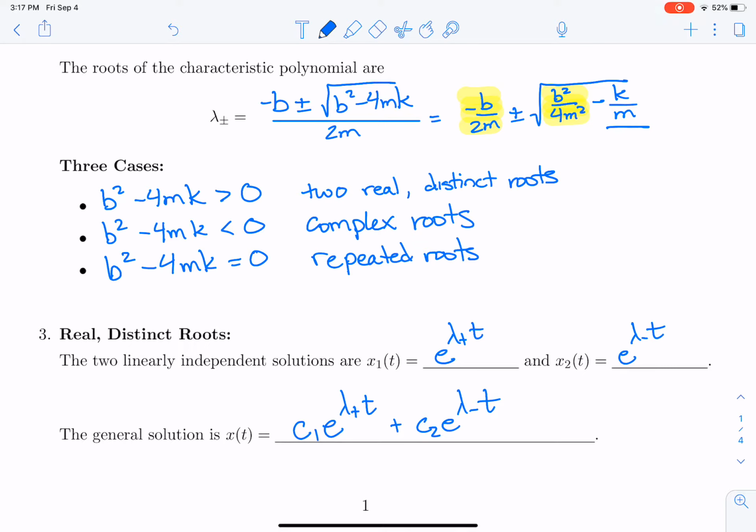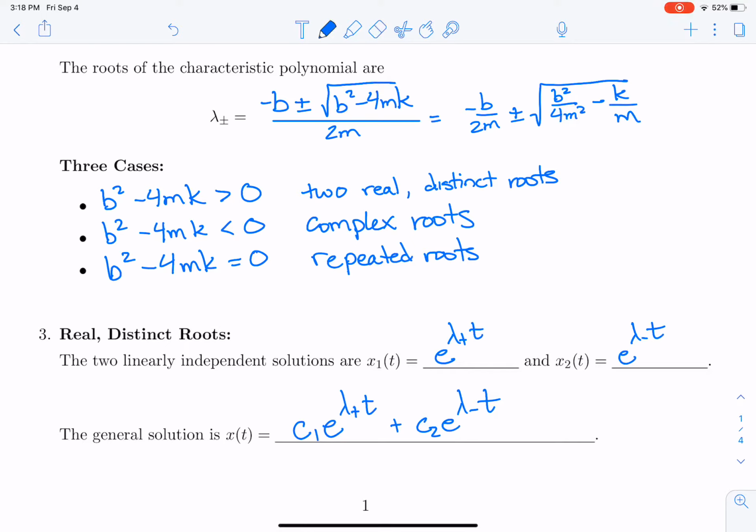Well, the magnitude of the term in the square root is going to be smaller than the minus b over 2m on the outside. What's inside the square root is necessarily going to be smaller, and that's because the term inside the square root is the term outside the square root squared minus something that's positive. So what's inside the square root is going to be smaller.